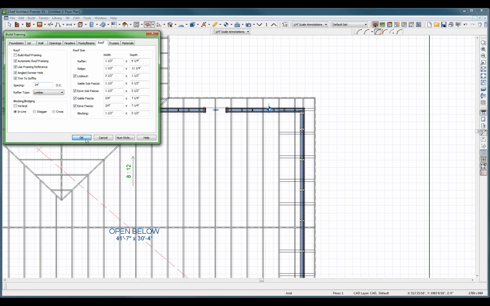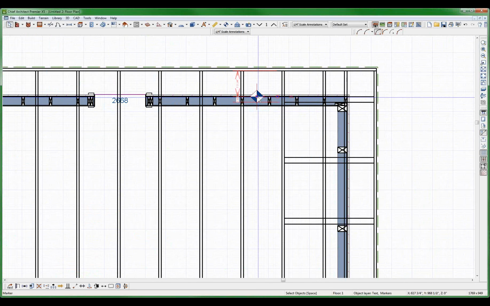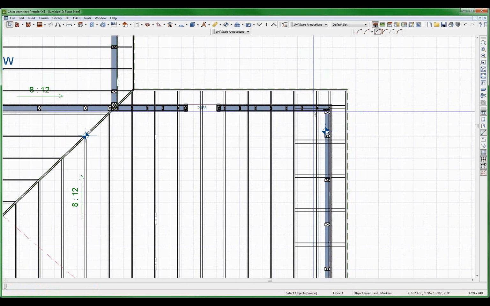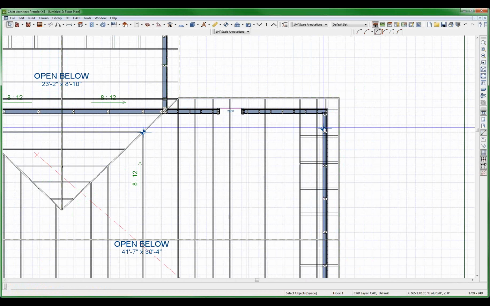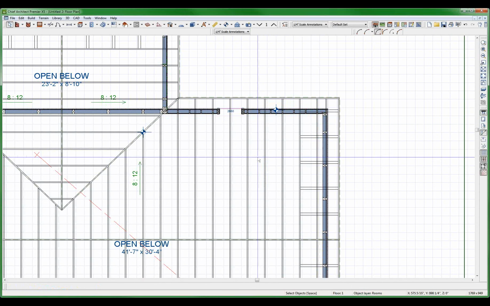Roof, use framing reference. F12. Isn't that weird? It's not even working anymore. What did I do wrong? F12. Yeah, framing references? I don't know why it's not working now. I'm going to go to part 3. Now I'm confused.